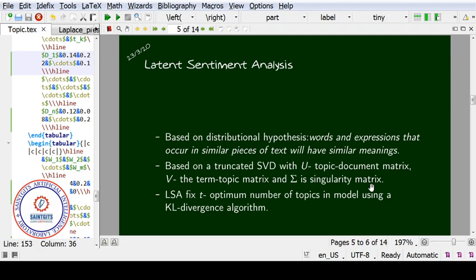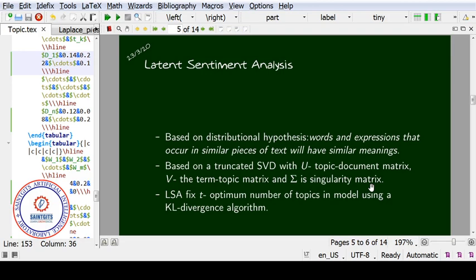To capture the covariance, we use the covariance matrix. That means singular value decomposition is the best method to make use of the covariance matrix. So based on a truncated singular value decomposition, with our left singular matrix U as the topic document matrix, and V, the right singular matrix, as the term topic matrix, and the central matrix or singular matrix is actually the covariance matrix.